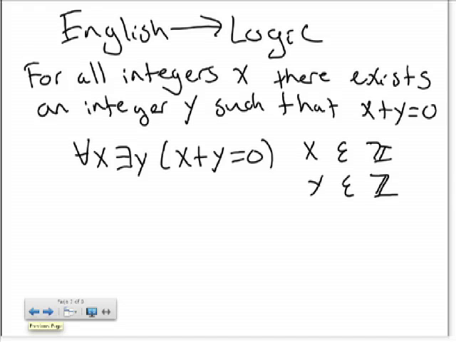So this just says for all integers x, there exists one integer y such that x plus y is equal to 0.